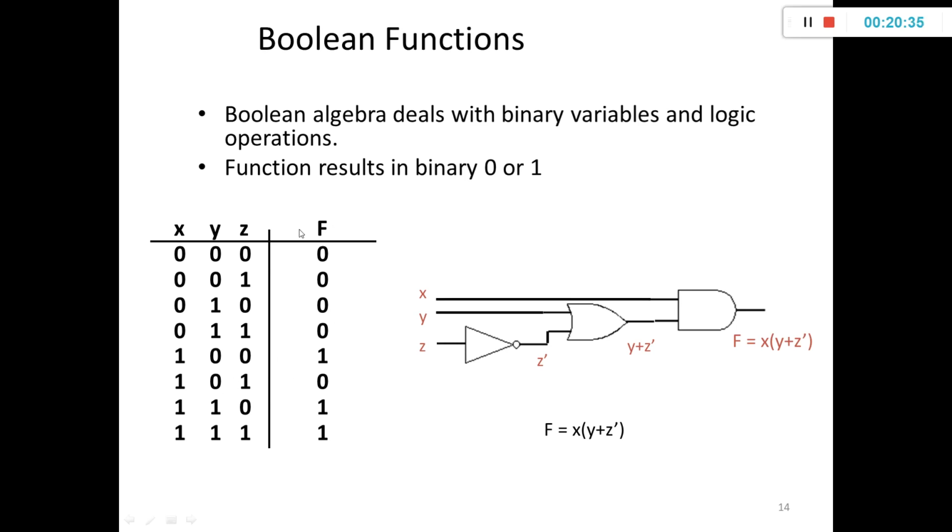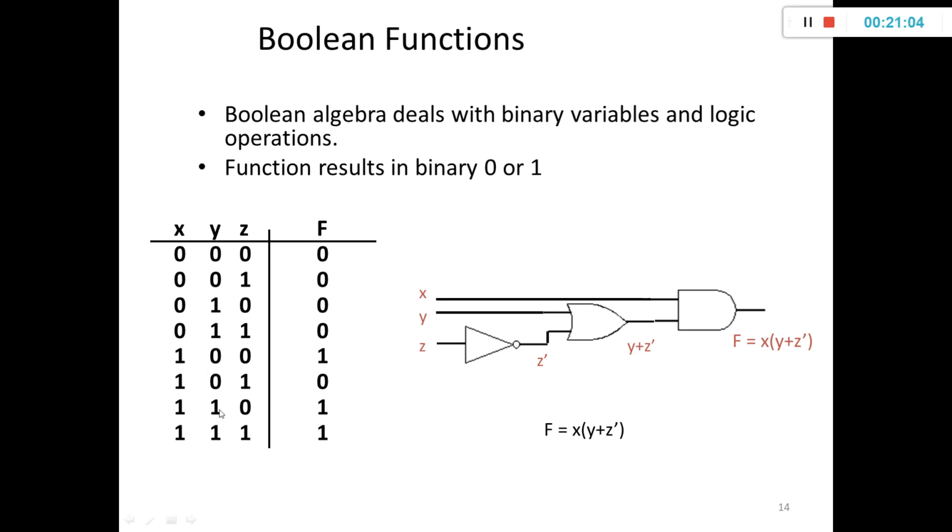For this particular truth table, you can see 100 has output 1, and so the expression will be x y bar z bar plus x y z bar plus x y z. Why? Because you can see 100 has 1 in column f.